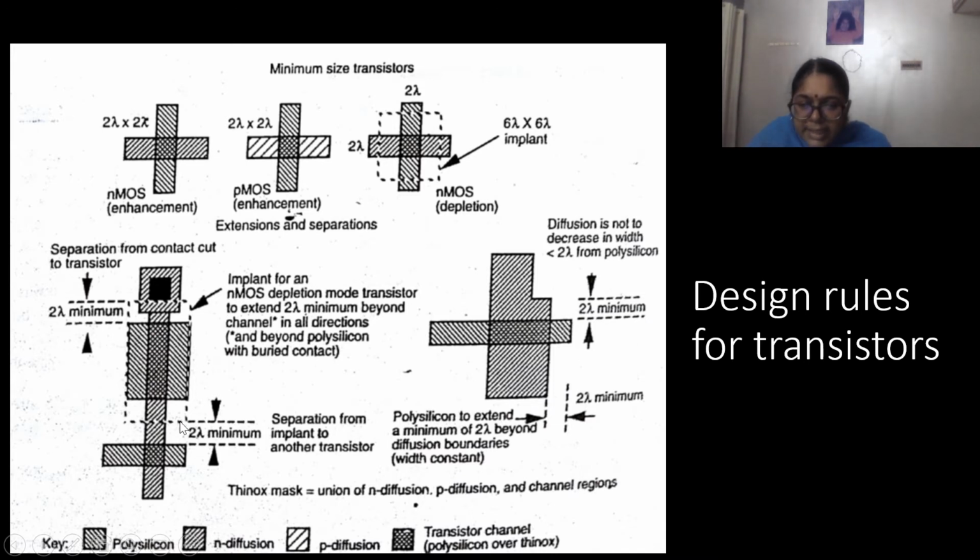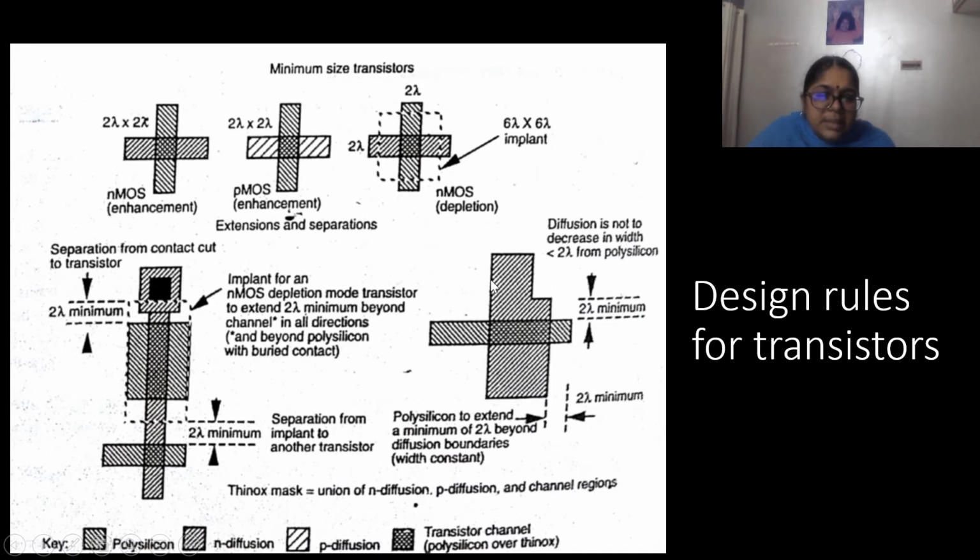Similarly, from the implant to the polysilicon it is 2 lambda, and the implant for an NMOS depletion mode transistor should extend 2 lambda minimum beyond the channel in all directions. So you can see it has to extend from the channel 2 lambda, and this side also 2 lambda.